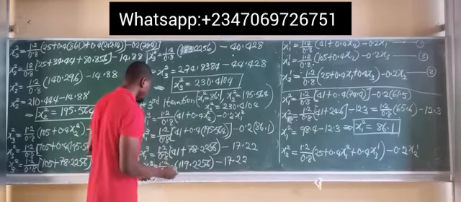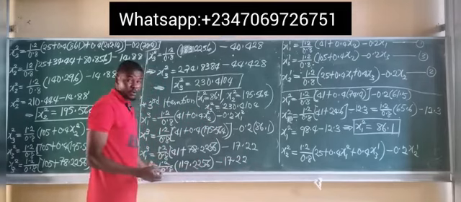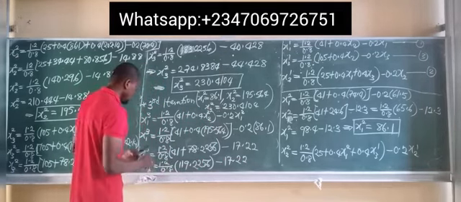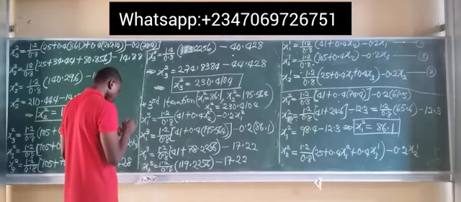So all we need to do now is simply 119.2256 multiplies 1.2, divides by 0.8.